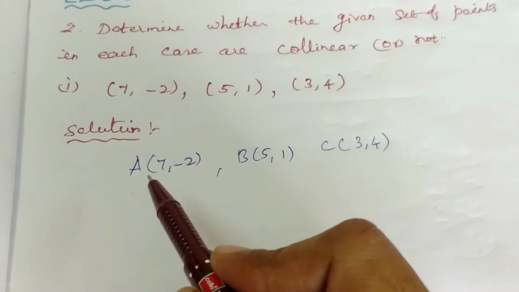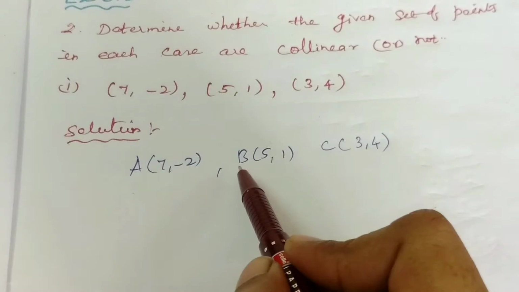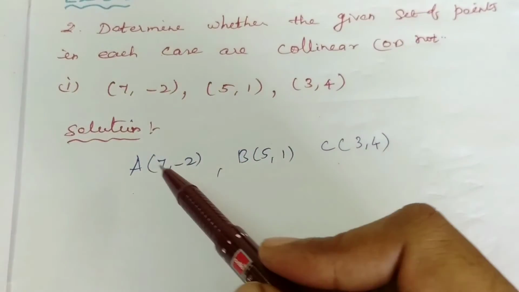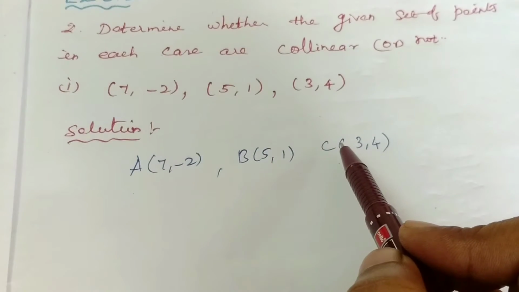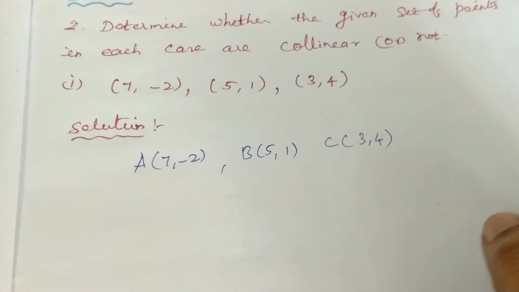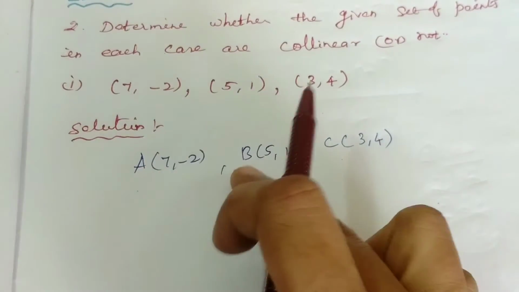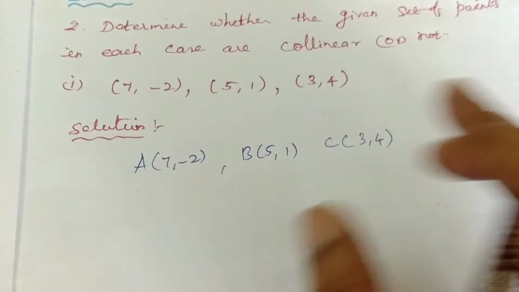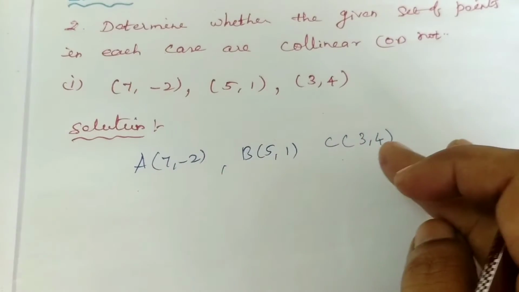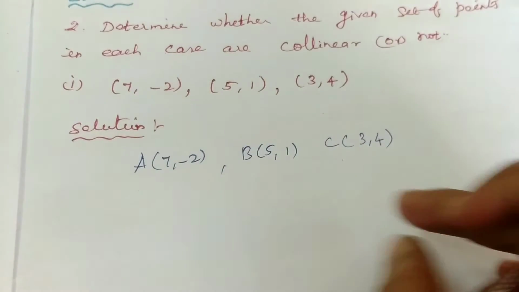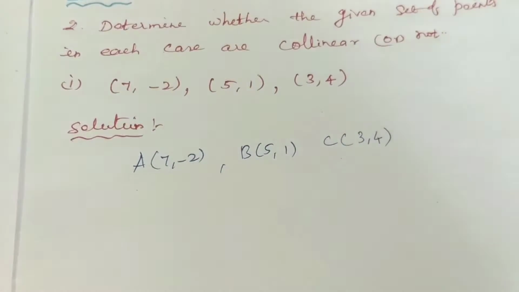First find the distance between A and B, then between B and C, and then between A and C. Our formula for collinear points is AB plus BC equal to CA. If we add any two distances, the third distance will come. That is our procedure to find the collinear points.